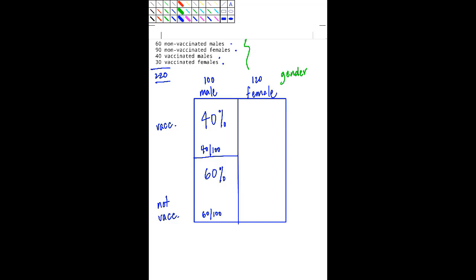So that side is taken care of. Now for the women, given our second line up here, 90 women have not been vaccinated, so that's 90 out of 120. If you divide that out, you'll find that it's 75%. We'll draw our line about there.